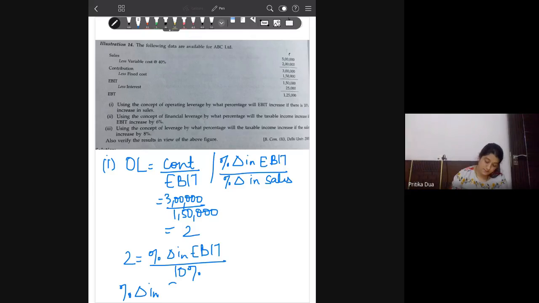So with a 10% increase in sales, your EBIT is increasing by 20% in the first part of the question.